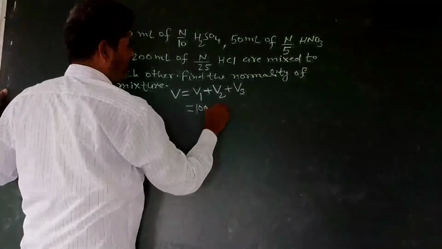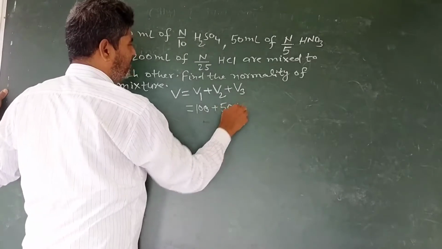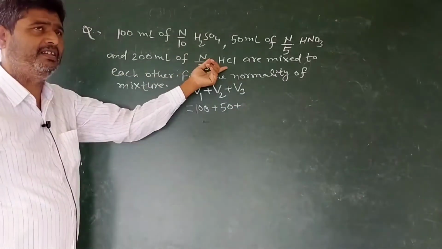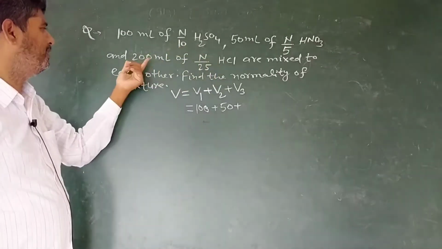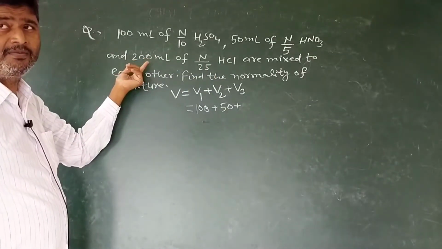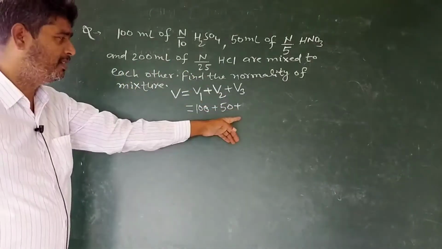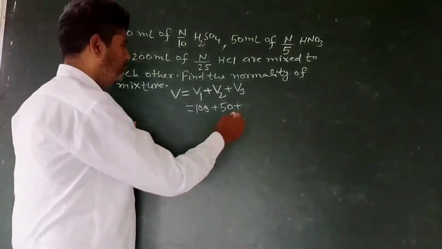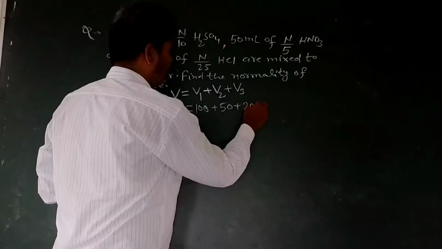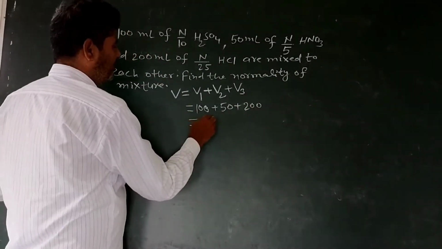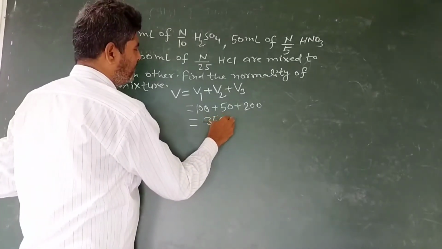The third acid is HCl, and its volume is 200 milliliters. The sum of these is 350 milliliters.